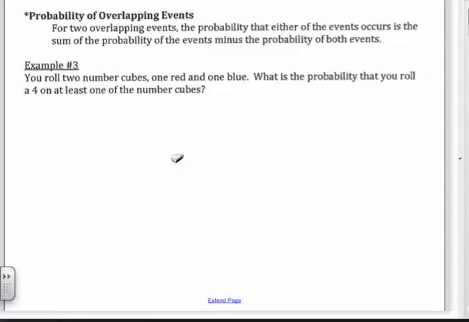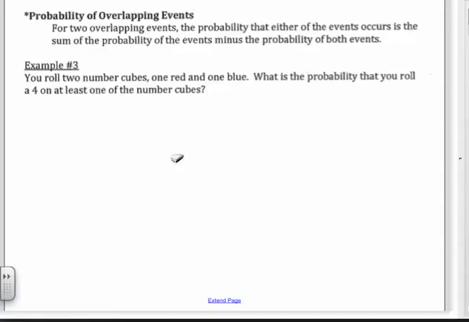Okay, this says you roll 2 number cubes, a red and a blue one. Okay, good. What is the probability that you roll a 4 on at least one of the number cubes? Well, what's the probability that I'm going to roll a 4 on the first number cube?